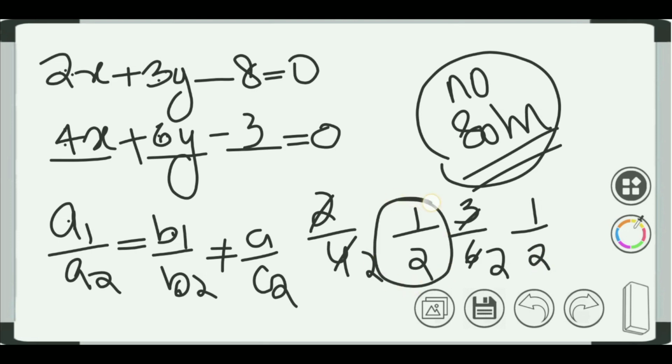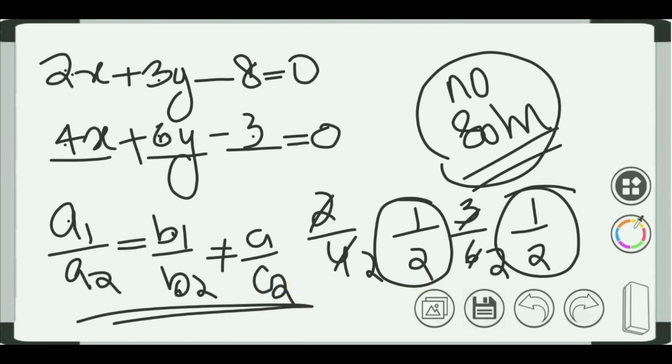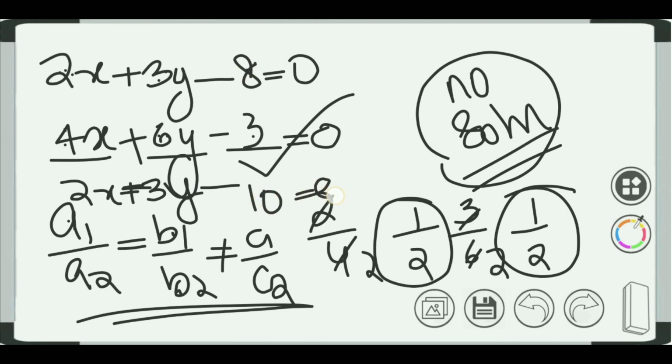Is it equal? 1 by 2, 1 by 2. C1 by C2: 8 by 3. Is that 1 by 2? No. So this satisfies the condition A1 by A2 is equal to B1 by B2, not equal to C1 by C2. You can form any equation. Either you can write this one, or you can write 2x, 3y plus or minus any value here other than 8, 10, equal to 0.